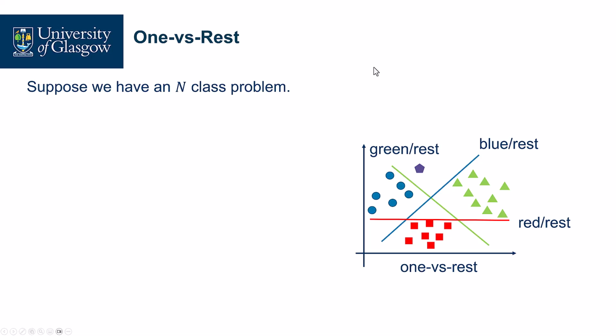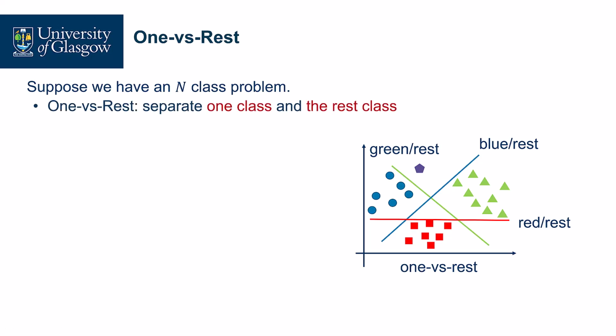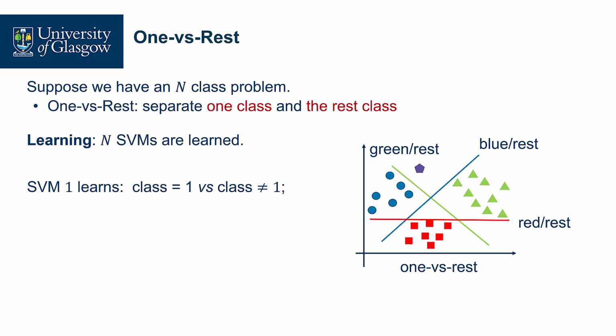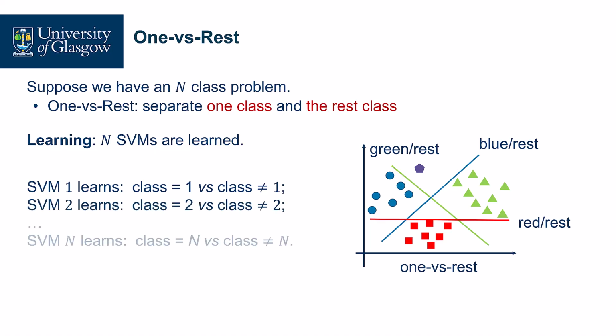Now we have the n-class problem. Here it is three classes, but this can be generalized to n classes. For one versus rest, each time we separate one class and the rest. In this way, we will train n SVMs, right? Class 1 versus not class 1, class 2 versus not class 2, until class n versus not class n. So the n SVMs are trained.